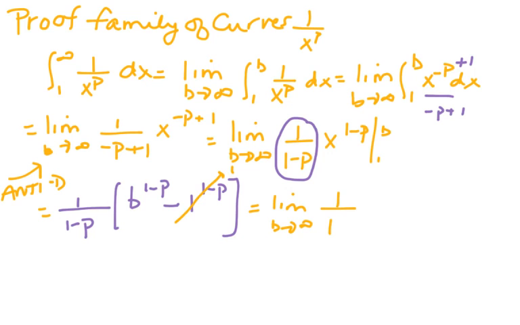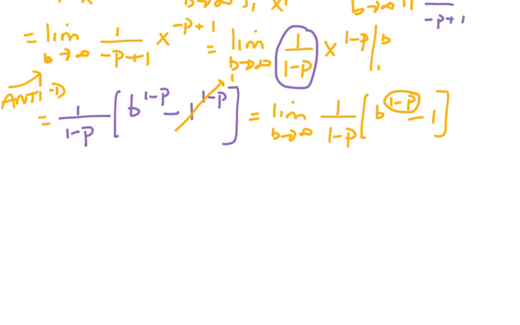As 1 over 1 minus p times b to the 1 minus p minus 1. So I'm going to move this exponent down and rewrite it a little bit.